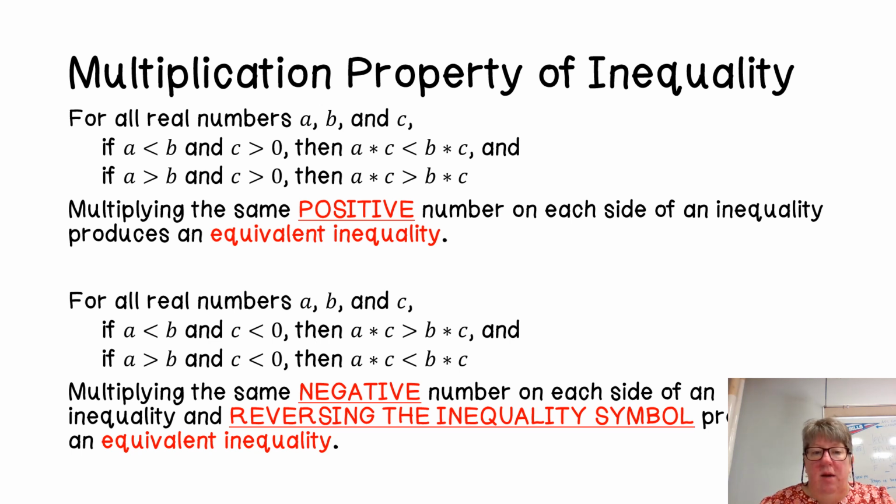So if a is less than b and I multiply both sides by a negative number, I have to change that less than to a greater than. So for multiplication, if you're multiplying a positive number on both sides, you don't do anything different. If you're multiplying a negative number on both sides, then you must reverse the inequality symbol.